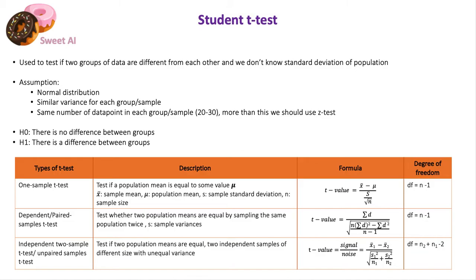The one sample test checks if a population mean is equal to some value mu, and this is the formula that we use to calculate the t-value, and this is the degree of freedom. The dependent test checks whether two population means are equal by sampling the same population twice, and this is the t-value formula. This is the formula for the independent two sample, and this is how we calculate the degrees of freedom.